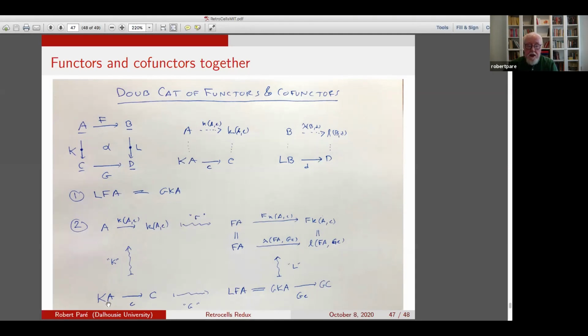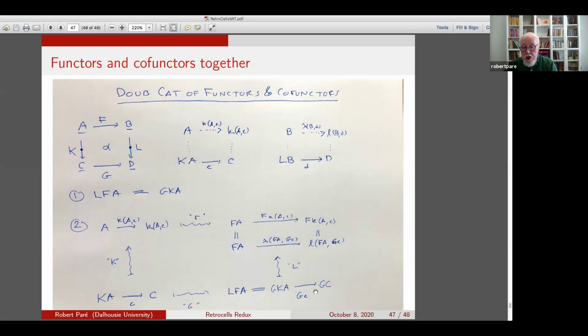And secondly, we have the following lifting. So you can take an object A and a morphism in C, and you can lift it using K. Then you can apply F to it, and you get this guy, the top guy.